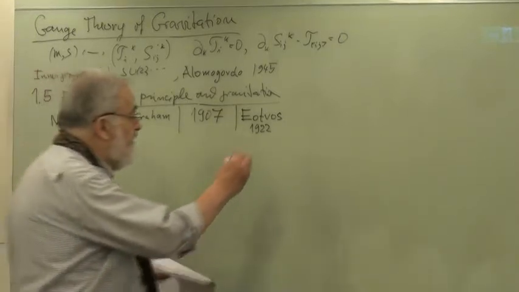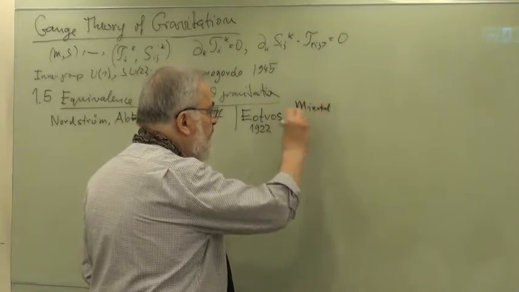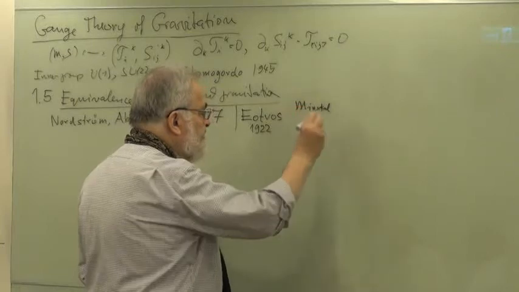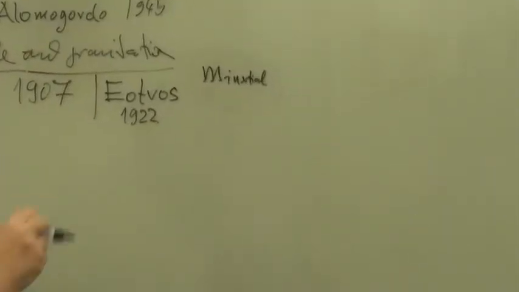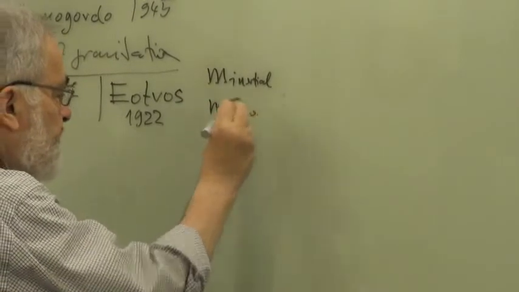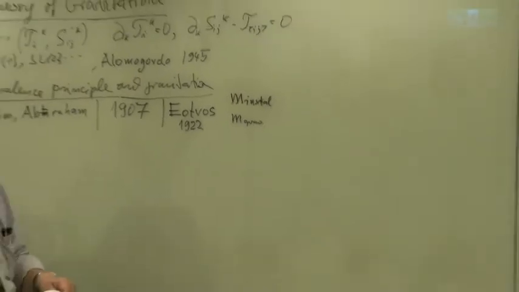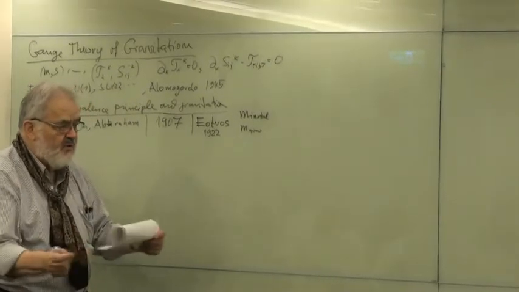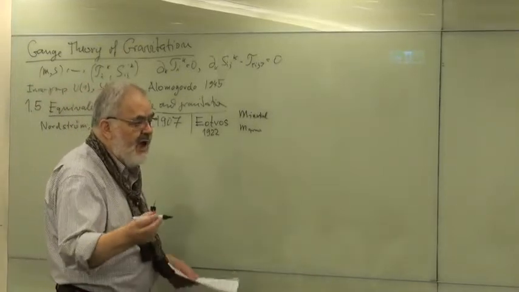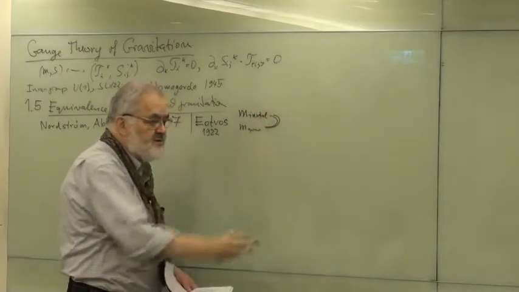So that's the equality: the inertial mass, which appears in Newton's equation of motion, force equals mass times acceleration, and then the gravitational mass, which is the mass in Newton's attraction law, mass 1 times mass 2 divided by r squared, where r is the distance between both masses, proportional to the gravitational force. And it turned out, and nobody knew why, that in suitable units they are always equal. This equality was not understood by anybody, but nobody cared, apparently.